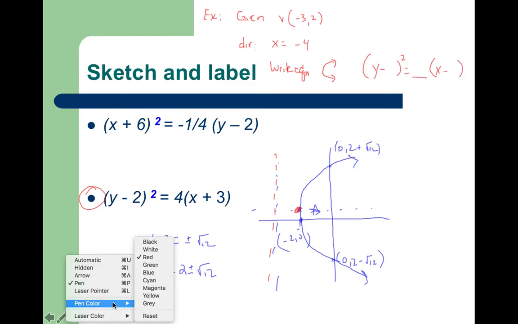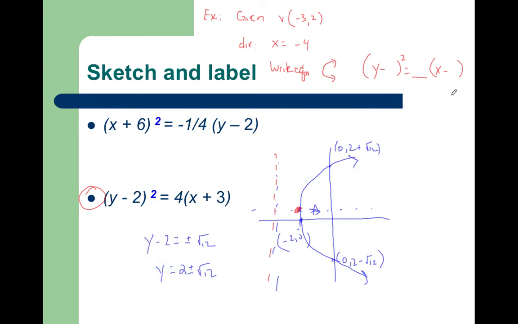And you take the information that I gave you, and you put the x with the x, and the y with the y, and then you have to figure out 4p. Well, how are you going to do that? You use the given information, right? If this is in the second quadrant, -3, 2, and the directrix is only 1 unit away from it, well then p must have been 1.